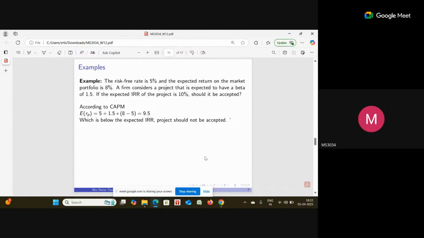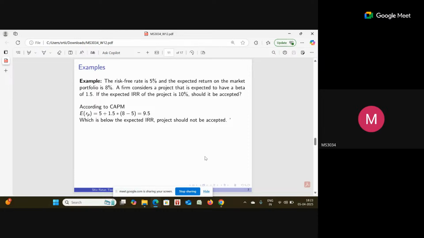So what it means is that according to CAPM, 9.5% is the expected rate of return for this project, but actually the project is expected to earn 10%.